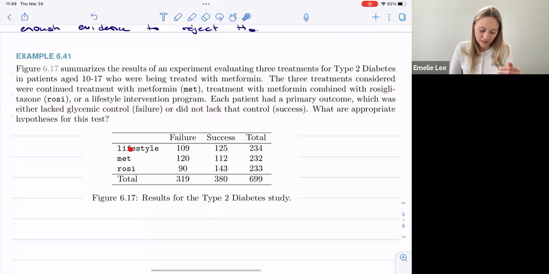So we've got lifestyle, just continued metformin, or metformin along with this rosiglitazone. Butchered it. You can tell I didn't do pharmacology.